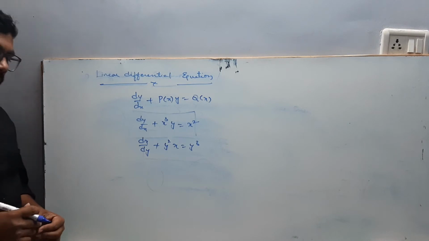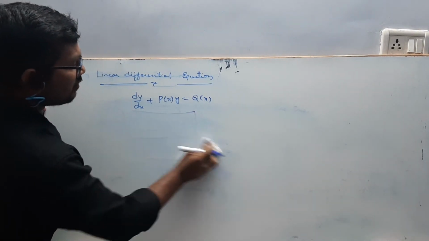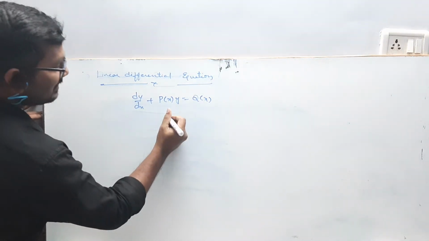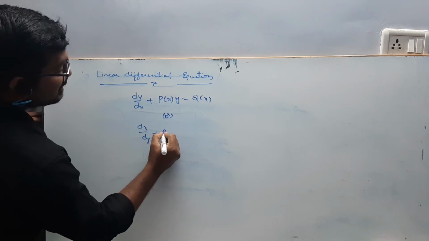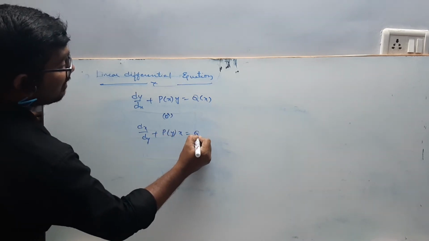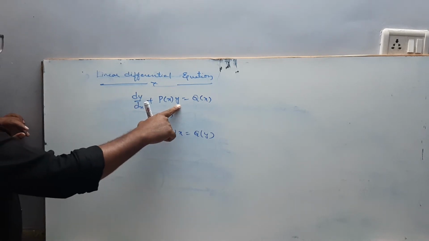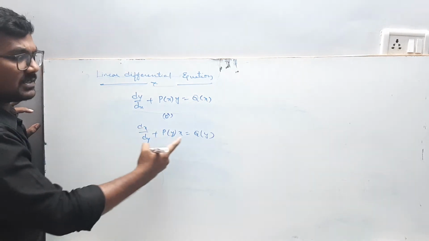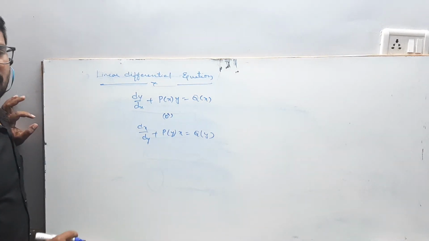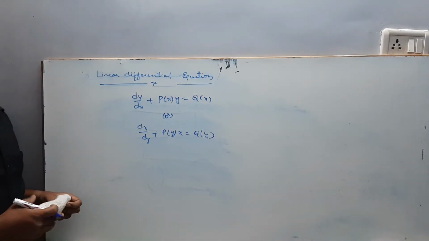So dy by dx plus P of x into y is equal to Q of x, or the other way, dx by dy plus P of y into x is equal to Q of y. Y is my hero, appearing only one time, or x is my hero, appearing only one time. Then these types of equations are called linear differential equations.